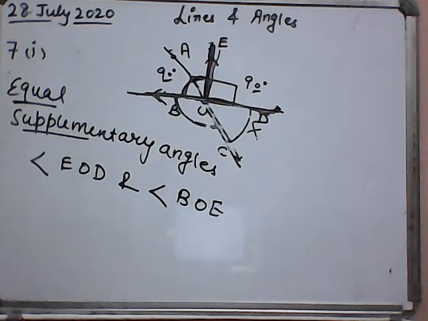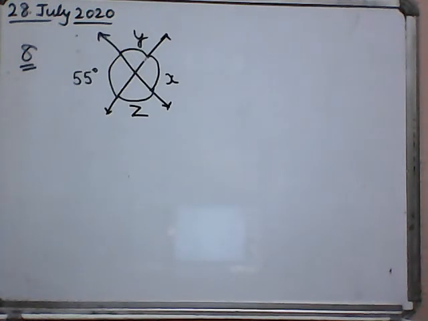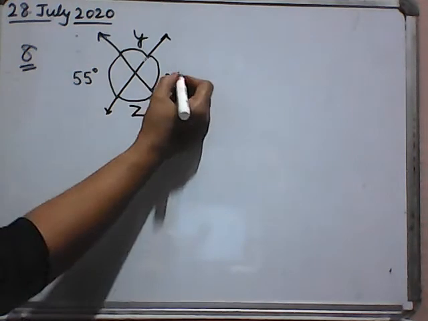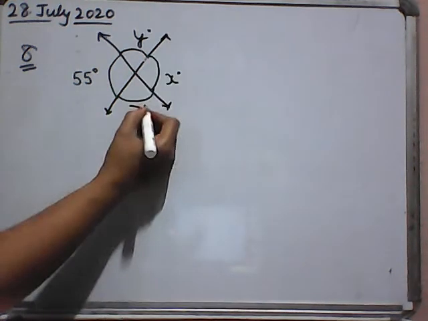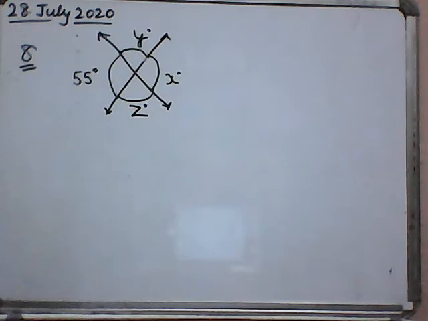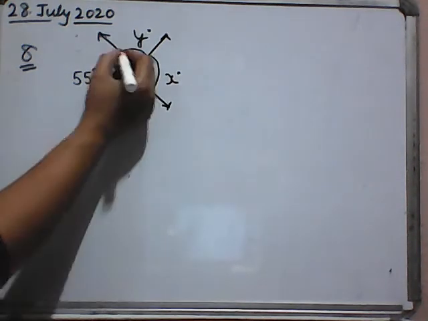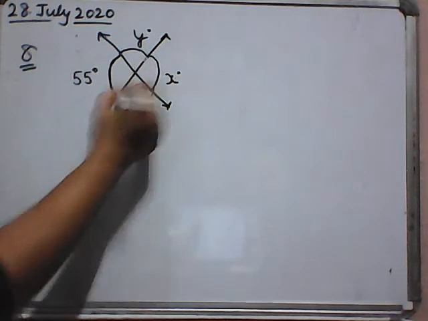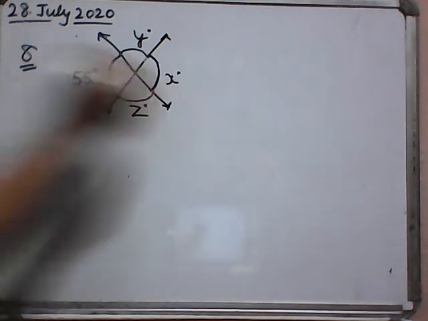Let's come to the next question. In this figure, you have to find out the values of x, y and z. Here x, y, z are unknown variables. In this figure, it is clearly visible this angle and this angle are vertically opposite angles.